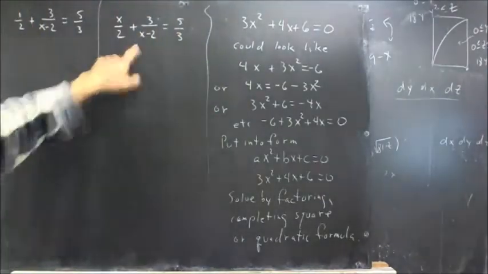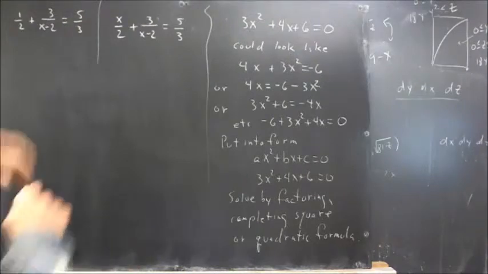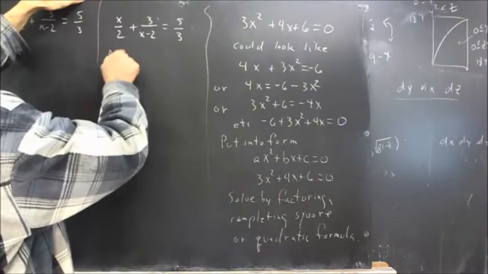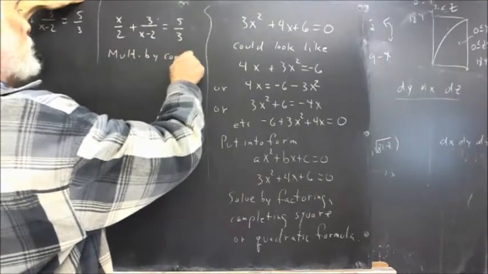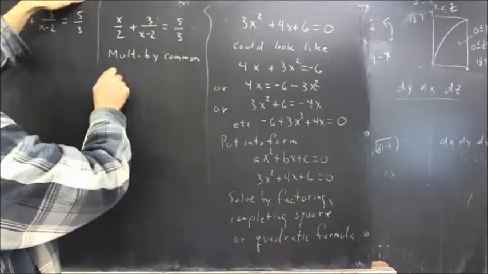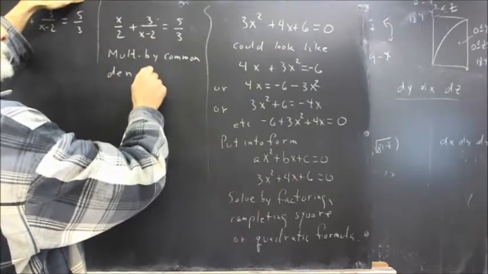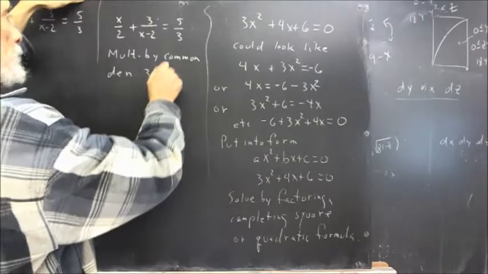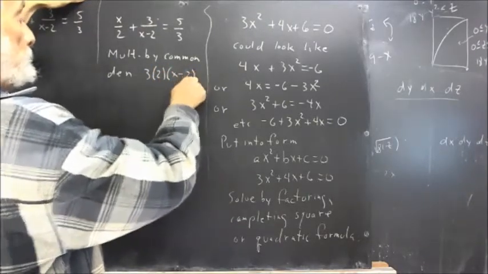Turns out that this is a quadratic equation, as you would discover if you multiply by common denominators. So we multiply this by the common denominator, which is going to be 3 times 2 times x minus 2.